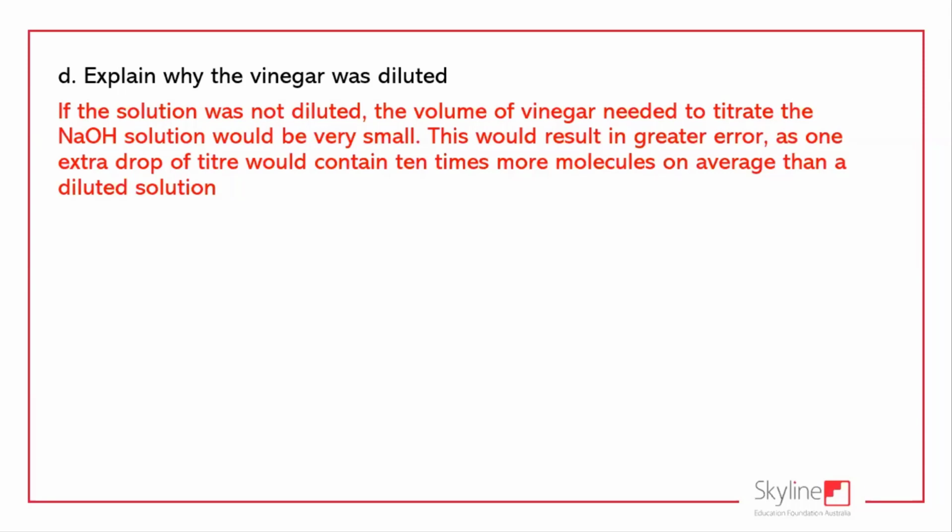The more we minimise the amount of molecules in a drop, the greater accuracy we're going to have. In an ideal world, we could drop in one molecule at a time and work out exactly how many molecules we need. Obviously, that's going to take millennia, so we have to balance. But ideally, the more diluted the solution, the more accurate our titration is.